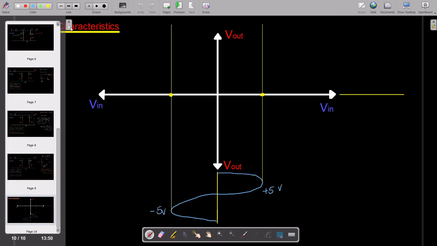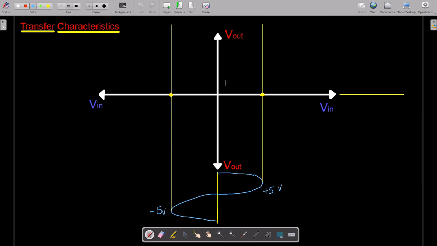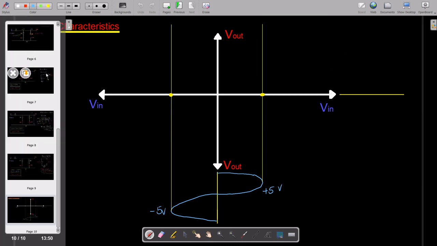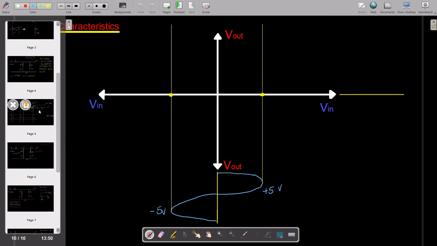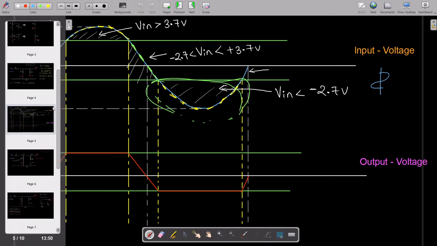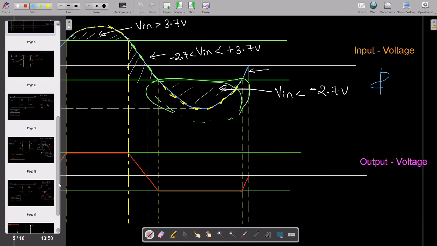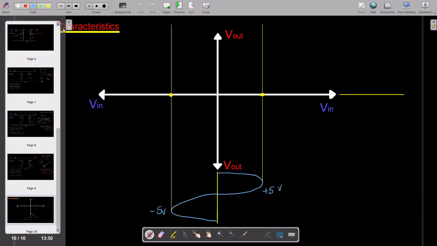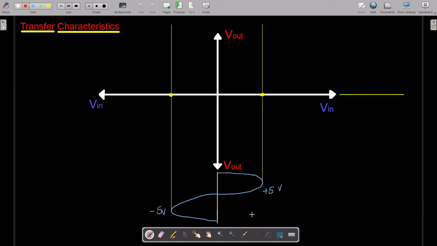Yes, and now what we have to do, we have to draw the output waveform. So we'll check what kind of output waveform we are getting. Okay, so it is something like this, plus 3.7 volts, then minus 2.7 volts. We will try to draw a similar kind of waveform, although it won't be that accurate because I would be drawing it roughly, but still it will help us to understand the transfer characteristic.